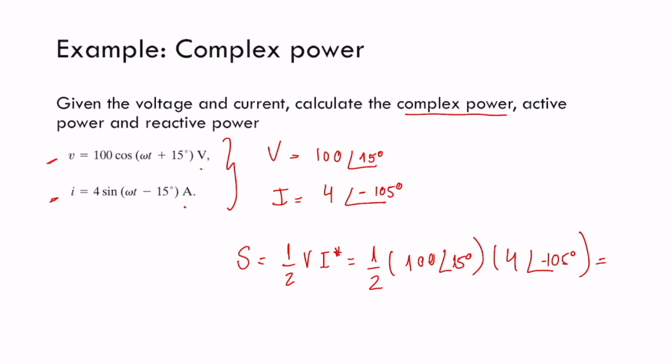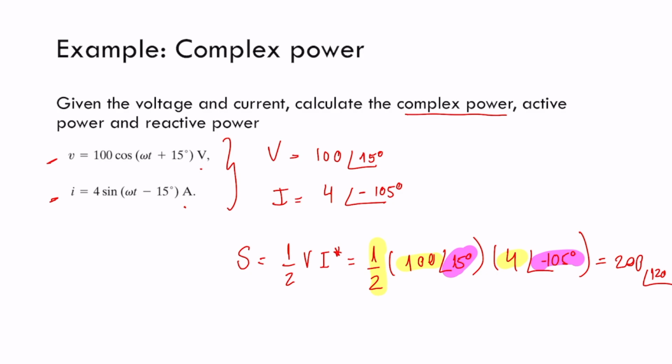This is pretty simple. We have 1/2 times 100, which is 50, times 4, which is 200, and the angle is 15 degrees minus (minus 105), so we have 120 degrees. That's all. So I already have the complex power.